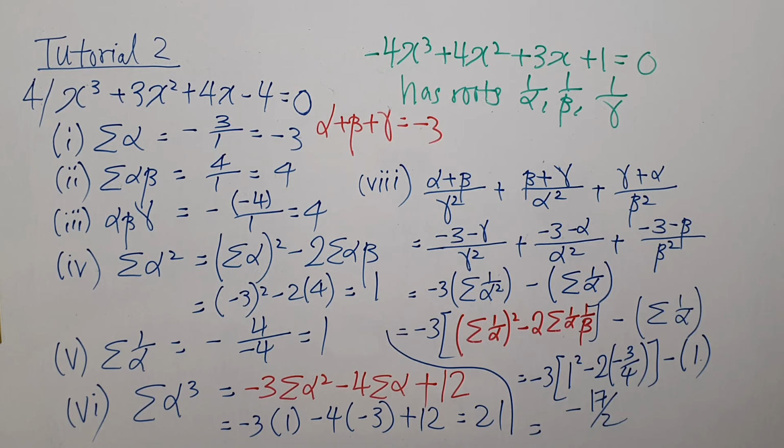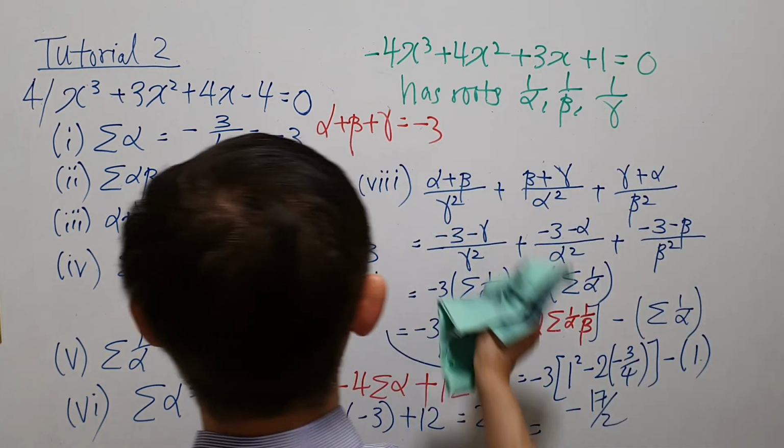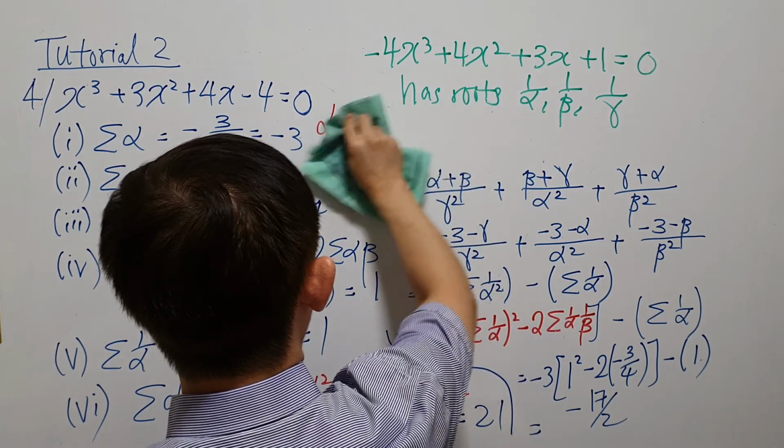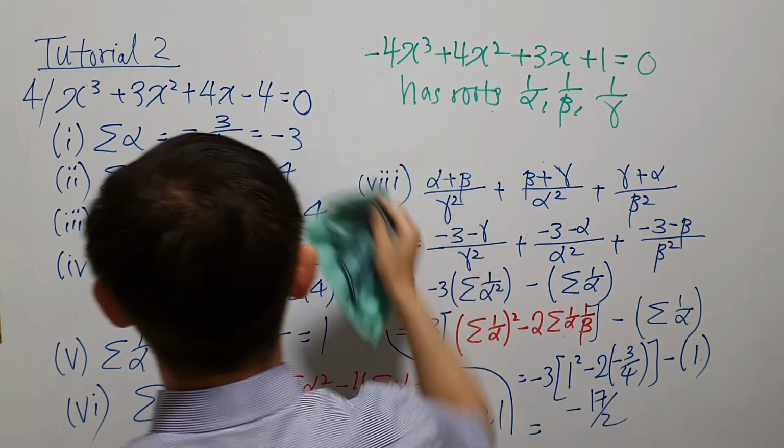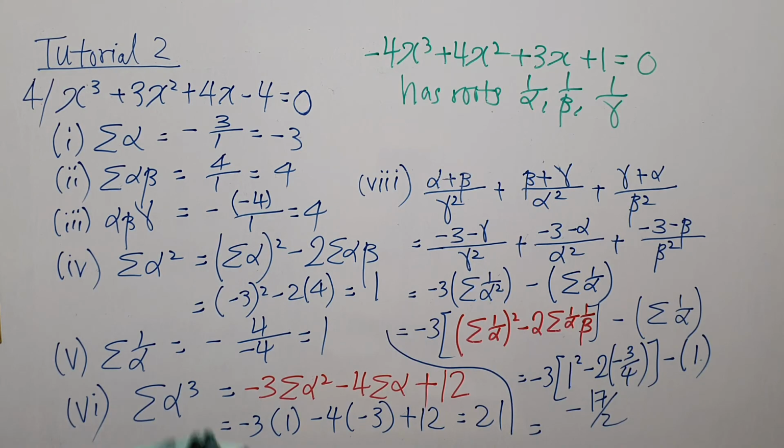Then there's part 9. You want to find 1 over alpha cubed plus 1 over beta cubed and so on. To do part 9, I intend to create space by erasing the side.